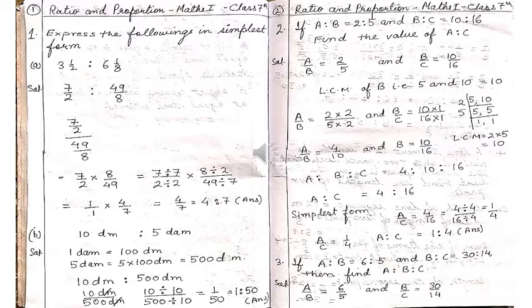Now A is to B we can write as 6 upon 5 and B is to C as 30 upon 14. Now here what you have to do is make both the B forms the same, on the denominator and the numerator. Now here 5 and 30 you have to take the LCM. Let's discuss on the next page.